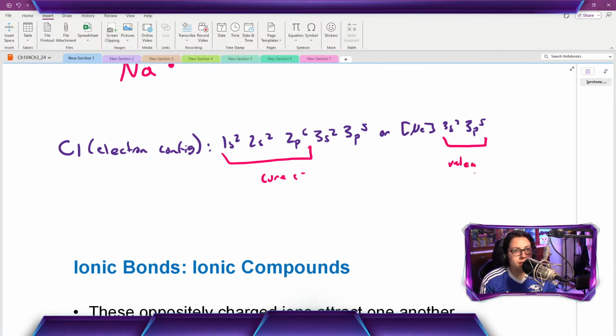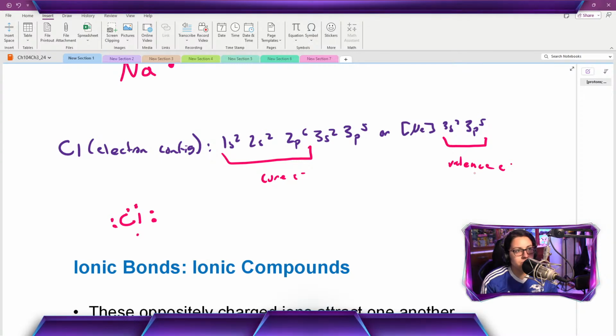These are our valence electrons, so let's fill out our Lewis dot structure: 2 in the s first, and then we distribute 5 in our 3 p's, 1, 2, 3, 4, 5. So it looks something like this.